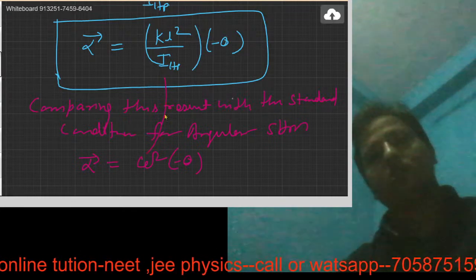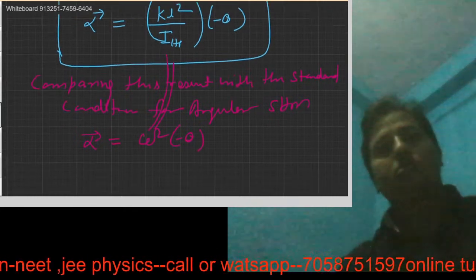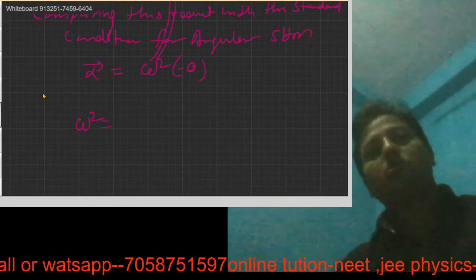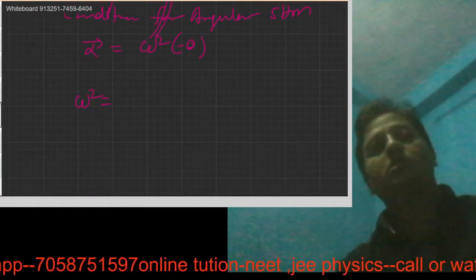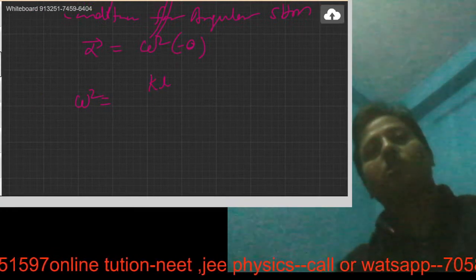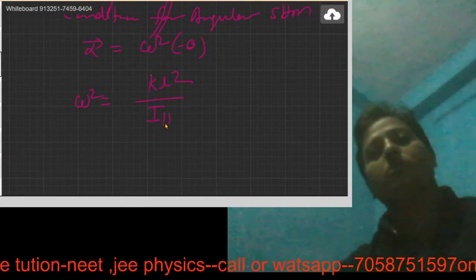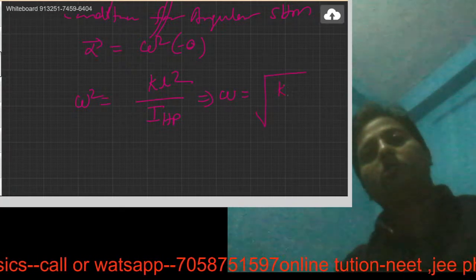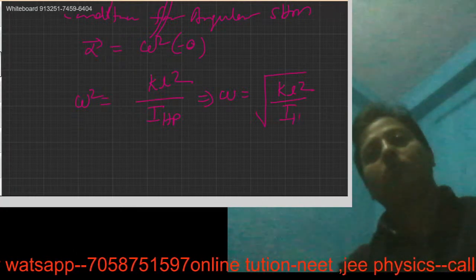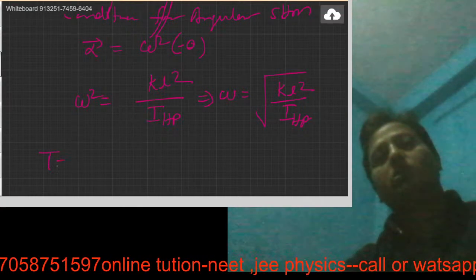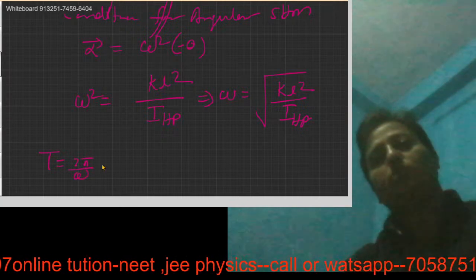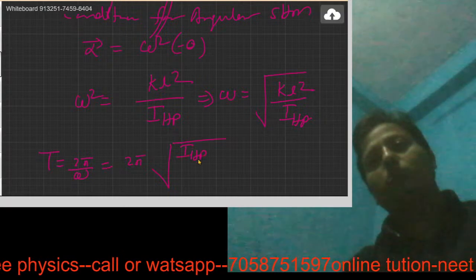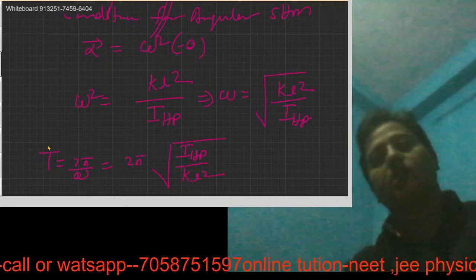So what is omega square? Omega square is kl square over I about the hinge point. It implies omega is under root kl square over I about the hinge point. So what is the time period? Time period is 2 pi over omega. So 2 pi under root I about the hinge point divided by kl square.